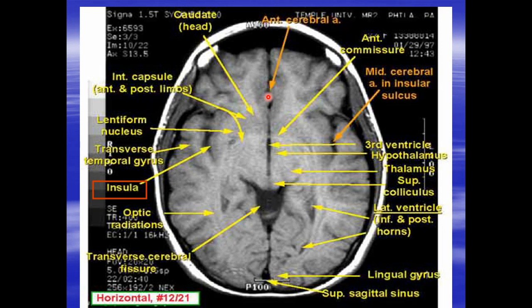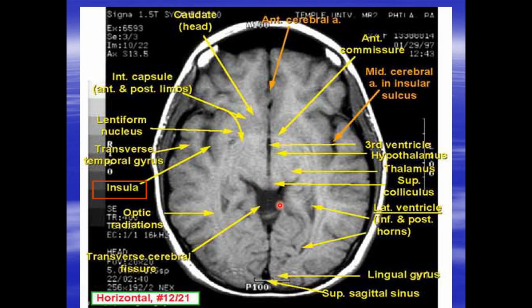At the midline, just above the corpus callosum, you have the anterior cerebral artery. At the midline between the two thalami is the third ventricle, which is a slit-like space containing CSF.